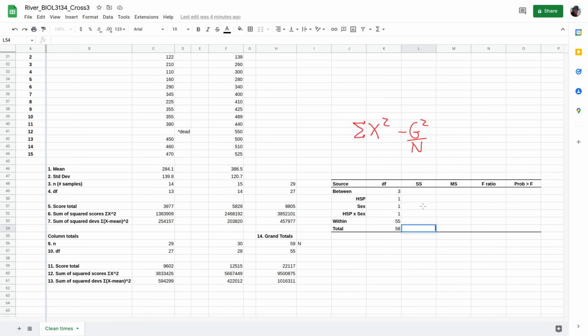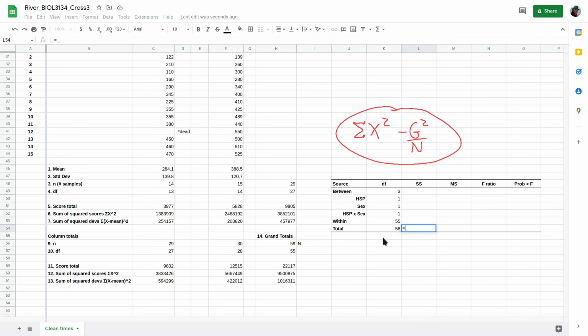The next thing we'll calculate is the sum of squares total. And remember, that's this formula here. Our sum of x squared is this. That's our sum of squared scores, and then minus the score total squared. That's this value. We square that and divide that by the total n. That's going to look like this.